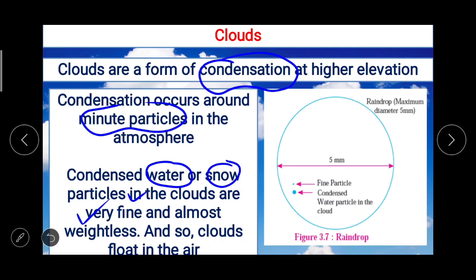Here in figure 3.7 you can see a raindrop, and this one fine particle is a condensed water particle in the cloud. The maximum diameter of a raindrop is 5 millimeter.